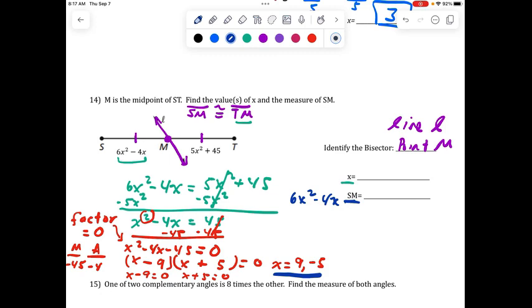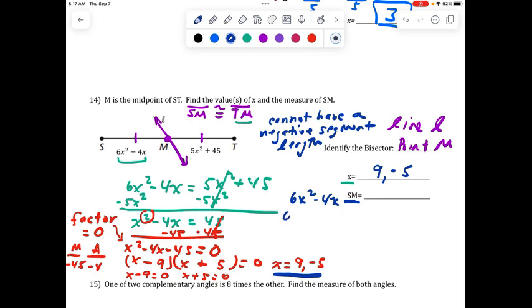So it's okay for the x to be negative, but we cannot have a negative segment length. So I'm just going to write that up here. Cannot have a negative segment length. So let's plug in these two values and see. So right now I'm going to write x is 9 and negative 5. If one of them doesn't work, we'll just cross it out.